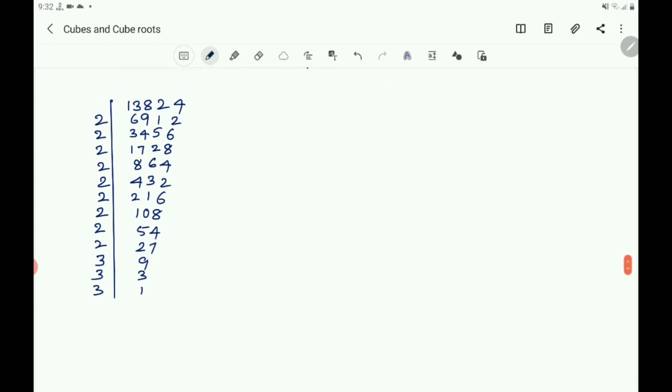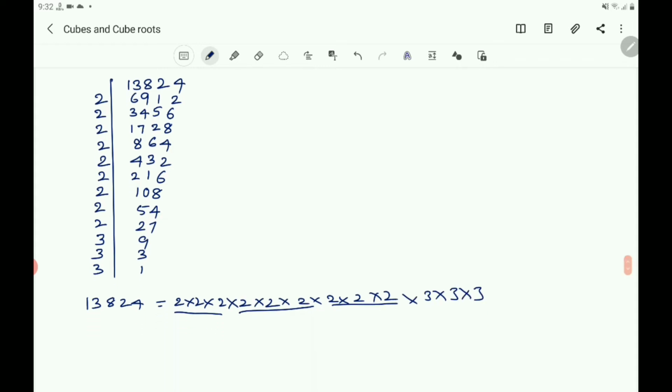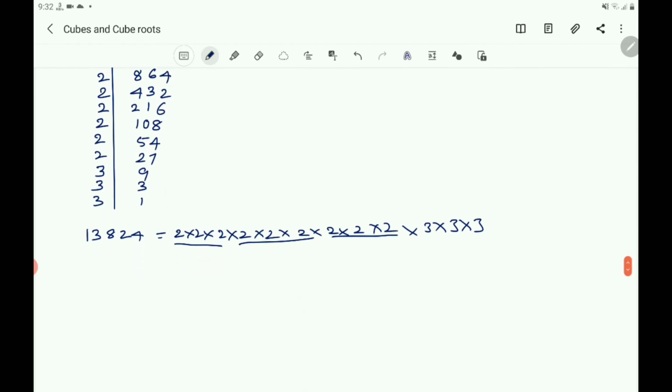And here you write 13,824 equals 2 into 2 into 2 into 2, and so on. How many times? 1, 2, 3, 4, 5, 6, 7, 8, 9. You got 9 times 2 and 3 times 3.